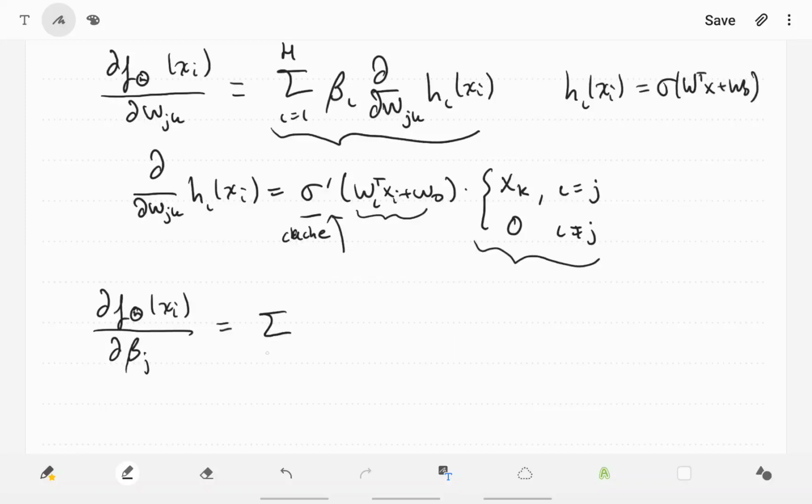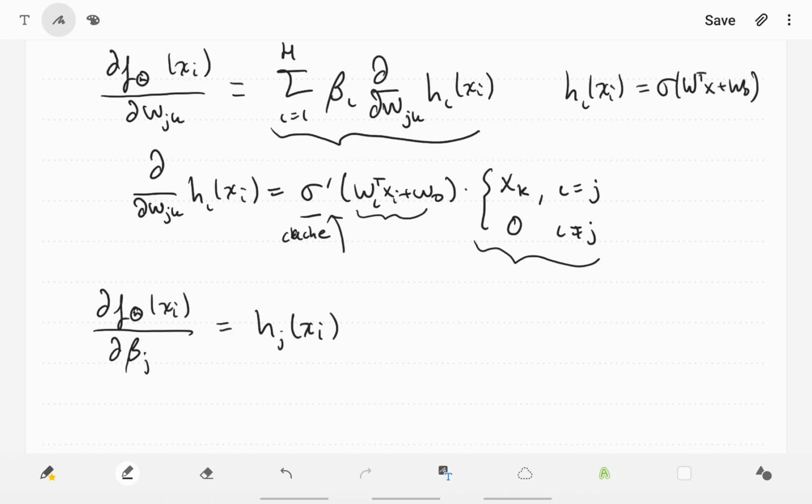Well, that's just going to be equal to h sub j of xi. If we just think about this top component, it's just a linear function in the h's. Right?